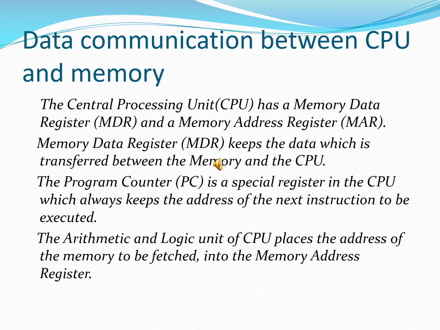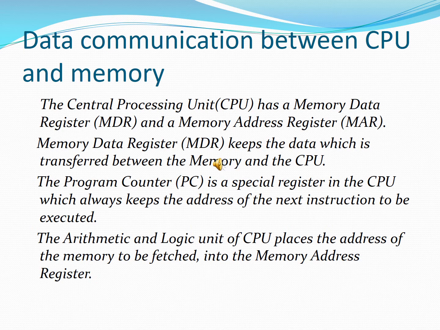Okay. Check the book, page number 53. The central processing unit has a memory data register and a memory address register. The memory data register keeps the data which is transferred between the memory and the CPU.